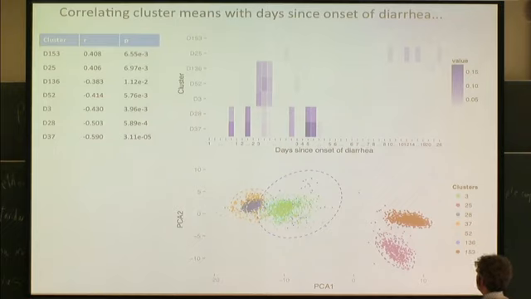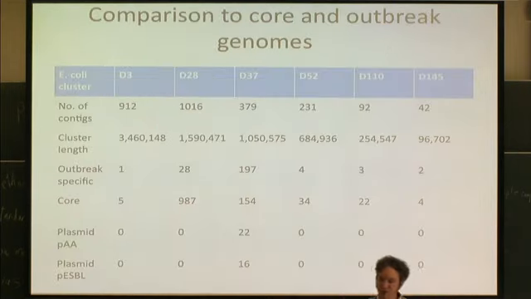What's nice about the PCA diagram is you can see that the first dimension separates out clusters that are negatively associated from clusters that are positively associated. Okay, so those two clusters, 28 and 37, are from E. coli. So they are candidates then for the outbreak. In this particular case, we know exactly what the outbreak genome was.